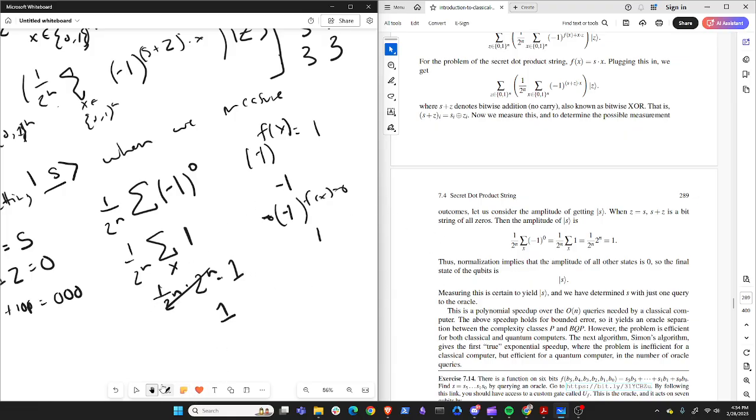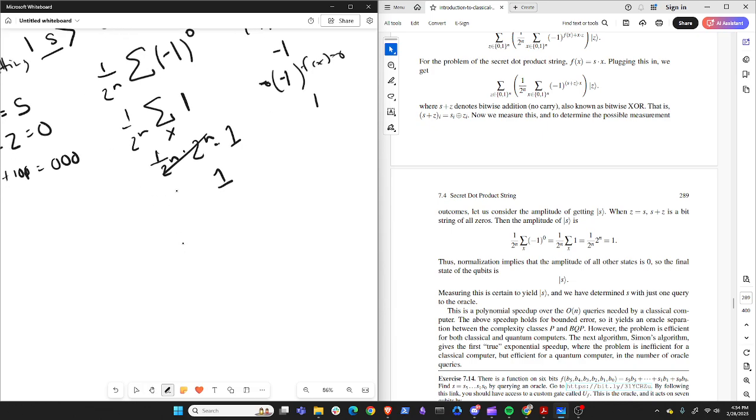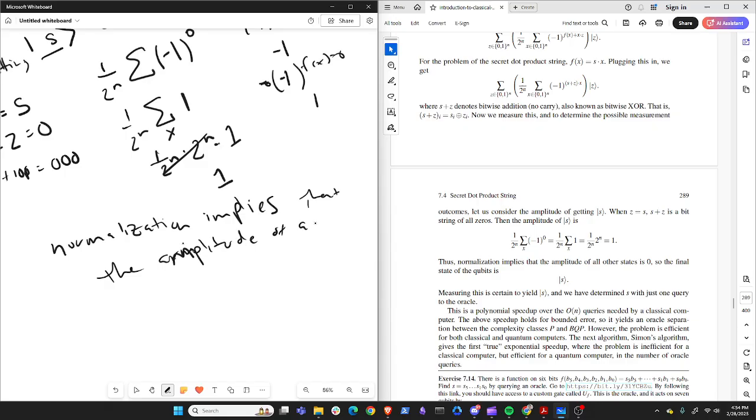So normalization implies that the amplitude of all other states is 0.